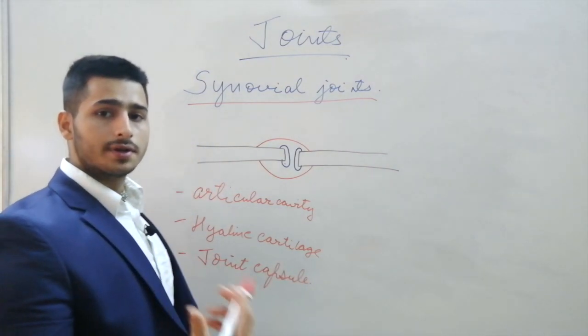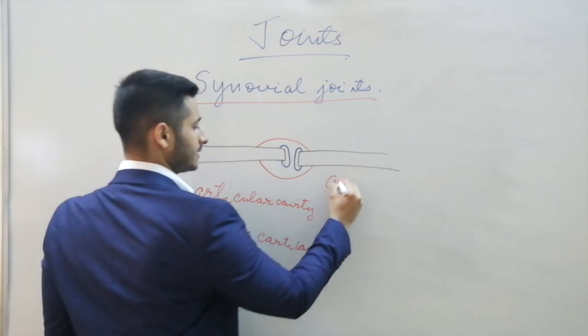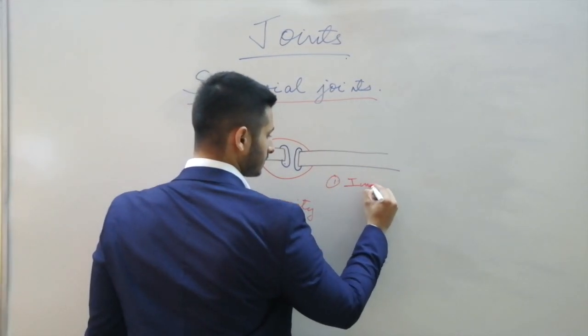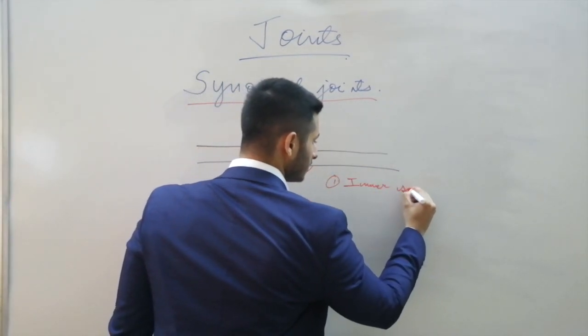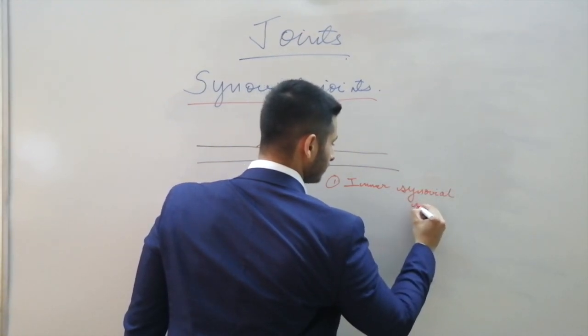Now, this joint capsule has two membranes. The first one is the inner synovial membrane.